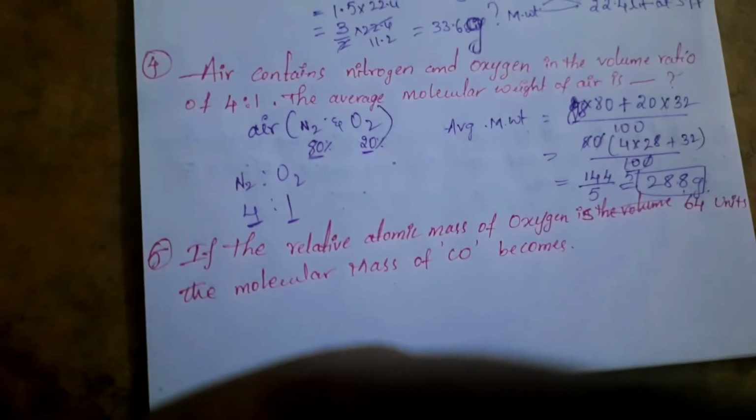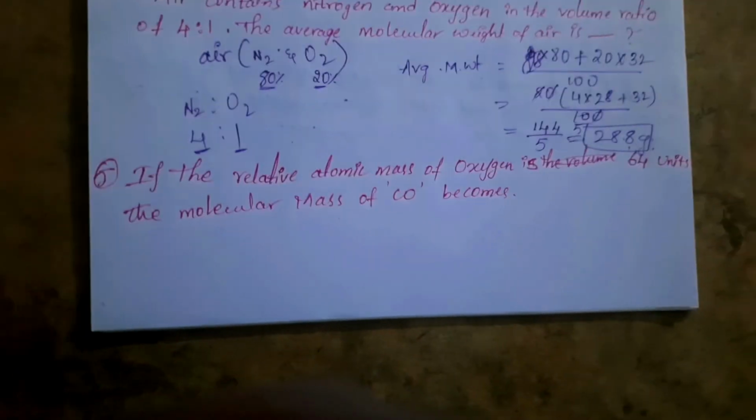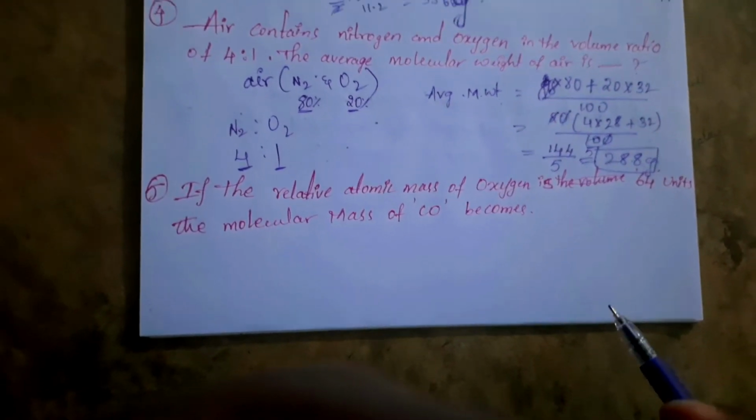In that air, the volume of nitrogen and oxygen will be 4:1.